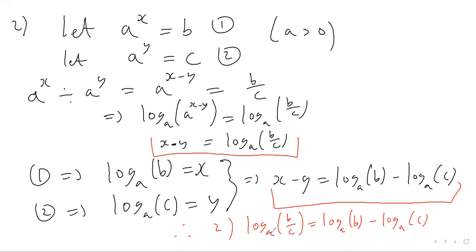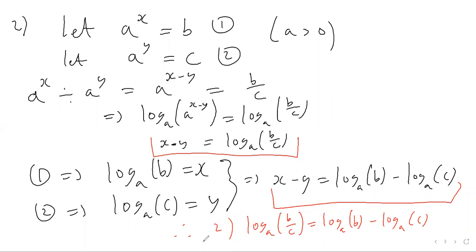So the logarithm of base a of the quotient of b and c is log base a of b take away log base a of c. When you divide two numbers and take a logarithm of that, it's the same as taking the logarithm of the numerator and then subtracting the logarithm of the denominator. So that's our second rule that we've just determined.